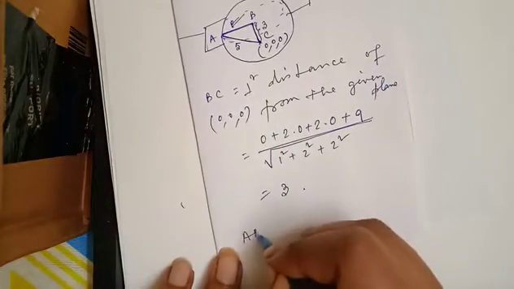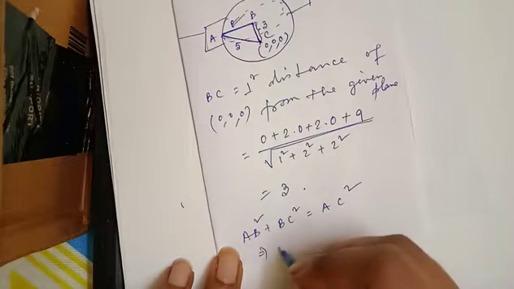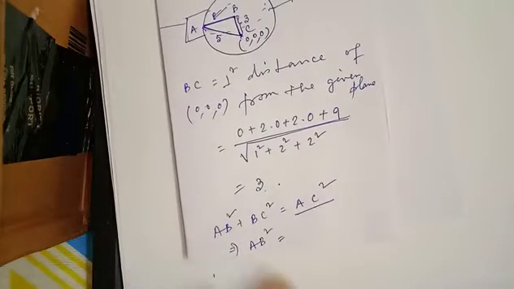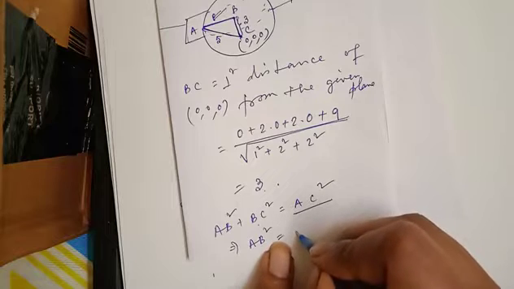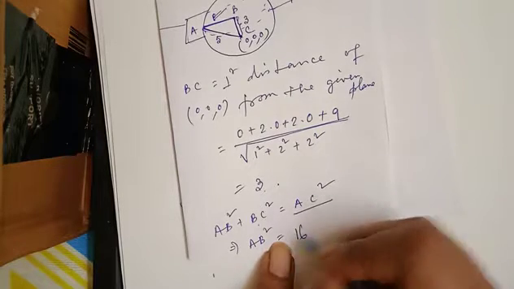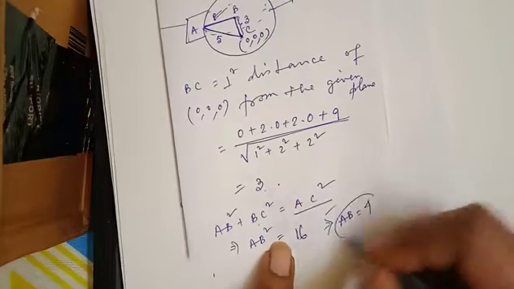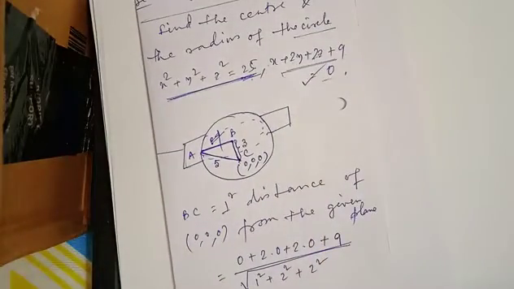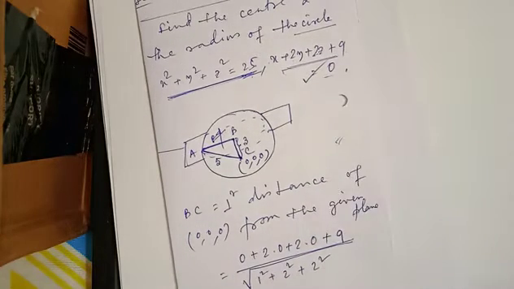By Pythagoras theorem we have AB square plus BC square equals AC square. So AB square will be AC square minus BC square. After calculation, AB square becomes 16. So we get AB equals 4. That means 4 is the radius of that circle. Okay, so this is how we find the center and the radius of a given circle. Such types of examples are very important.